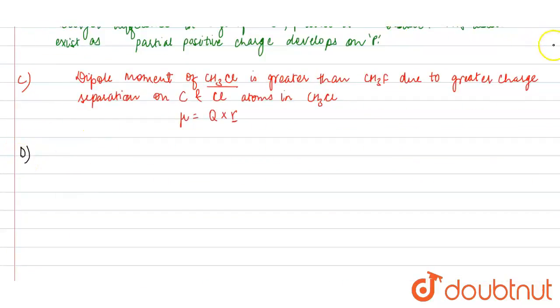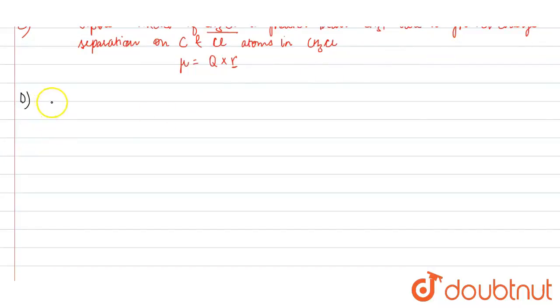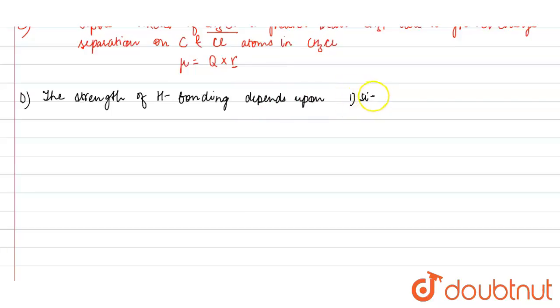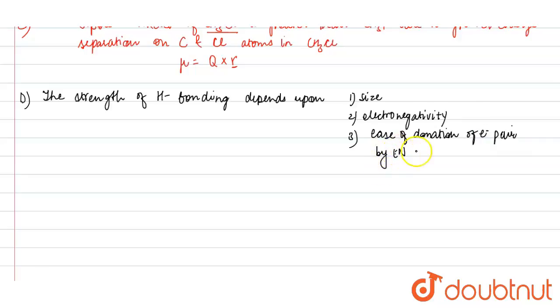For statement D, if I explain, the strength of hydrogen bonding depends upon first the size of the atom, second electronegativity, and third the ease of donation of the electron pair by the electronegative element.